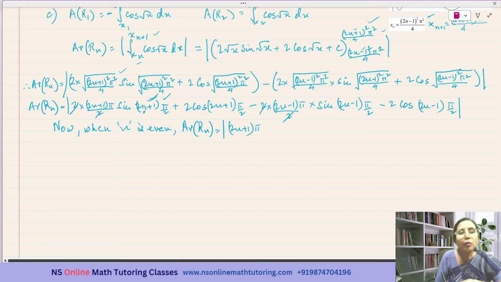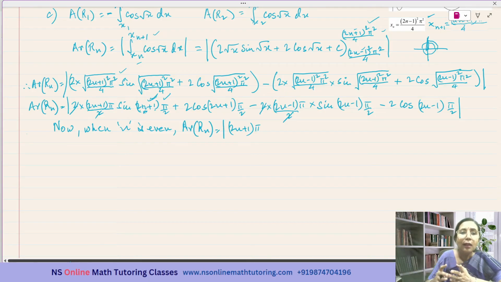So when n equal to 2, 2 times 2 is 4, 4 plus 1 is 5. So sine of 5 pi over 2. What is that equal to? If I just draw, this is 1 pi over 2. This is 2 pi over 2. This is 3 pi over 2. This is 4 pi over 2. And finally, this is 5 pi over 2. We are coming to this part. So sine 5 pi over 2 will be equal to positive 1.